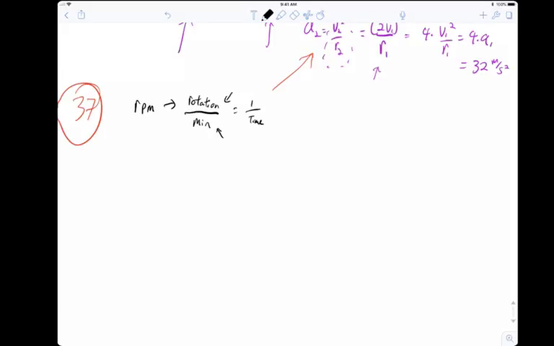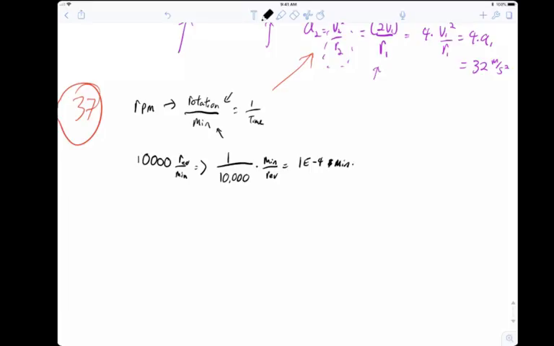Okay. 10,000 revolutions per minute. If I take 1 divided by that number, it'll be in units of minutes per revolution, which is 1e minus 4 minutes.